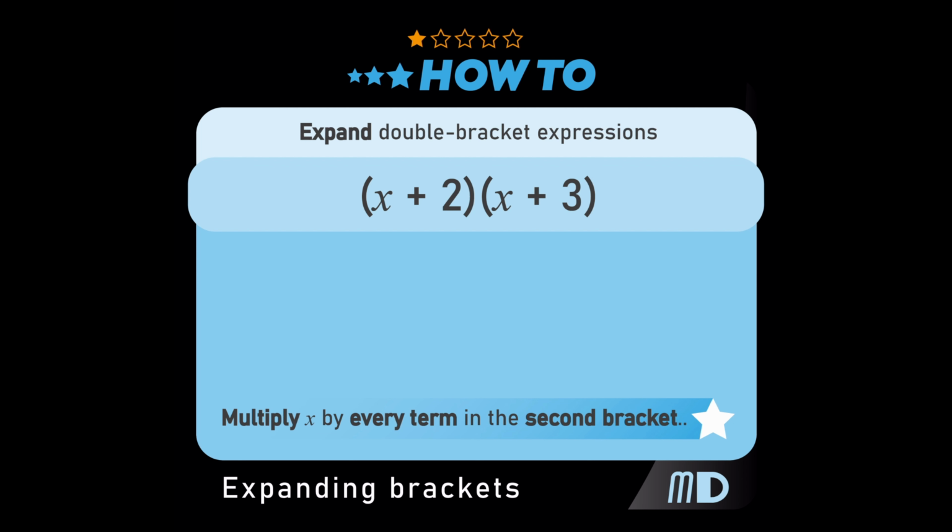To begin, we multiply x by each term in the second bracket. So x multiplied by x is x squared, and x multiplied by 3 is 3x.